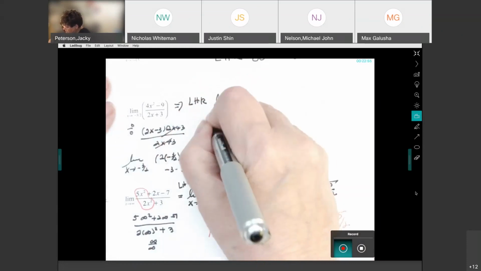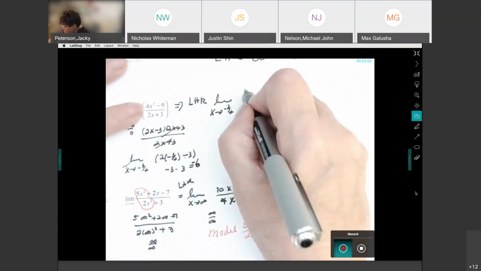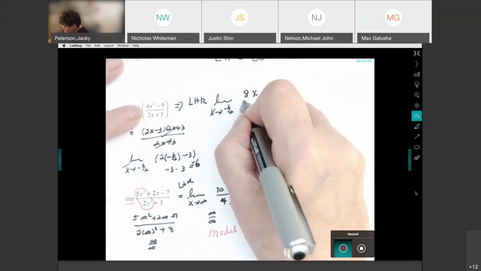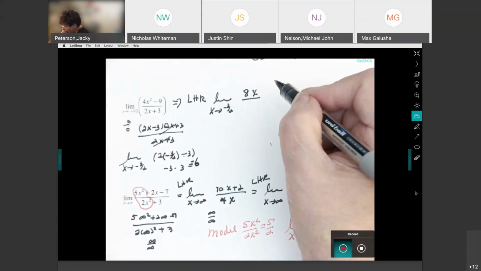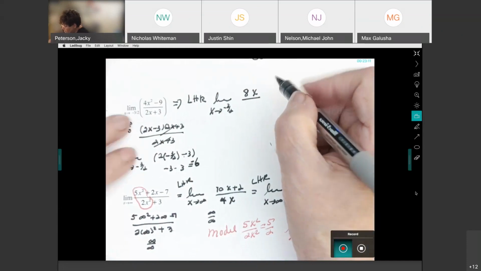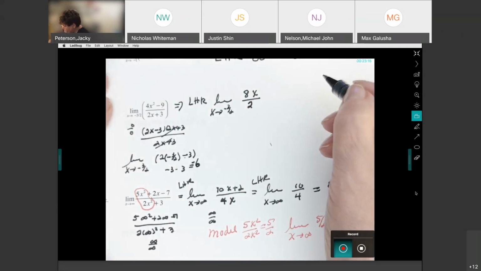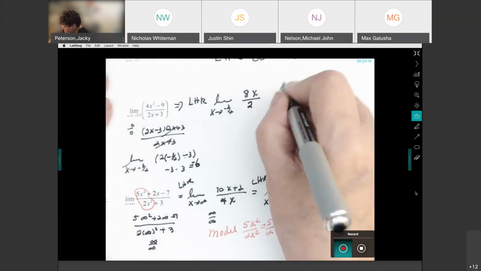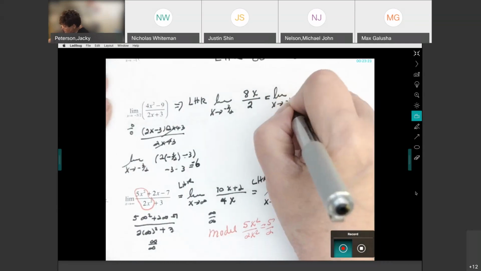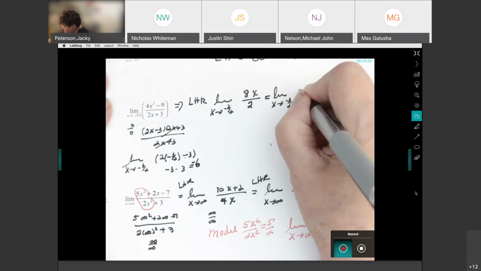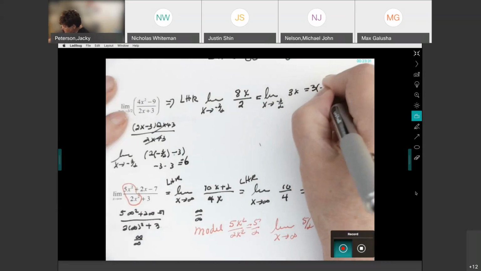This is the limit as x approaches negative 3 halves of the derivative of the numerator, which is 8x. The derivative of the denominator is 2. So if I take the limit as x goes to negative 3 halves of 3x, this would be 3 times negative 3 halves.